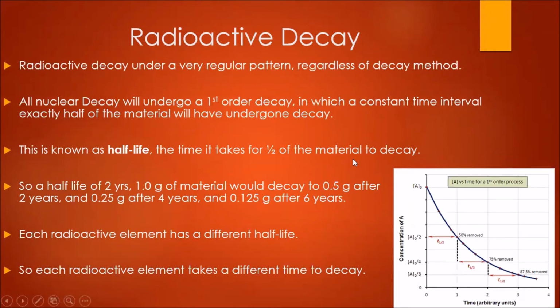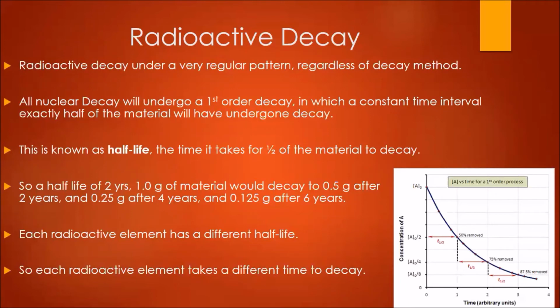Now, this should remind us of chapter 14, our kinetics. A radioactive decay undergoes a very regular pattern, regardless of whether we go in alpha decay, beta decay, positron, electron capture. It's going to be a very, very regular pattern. These are all going to be first order decays, in which there's a constant time interval.